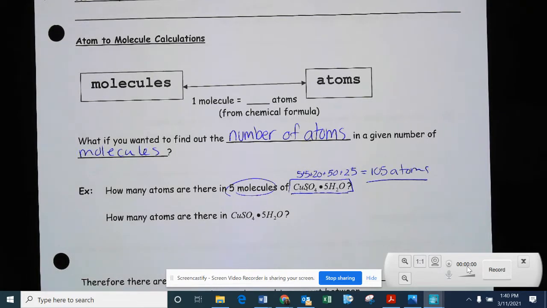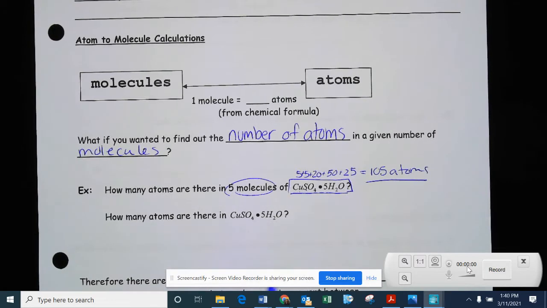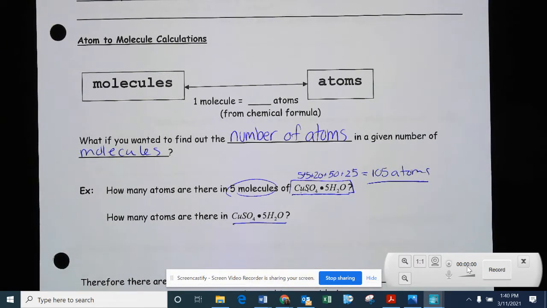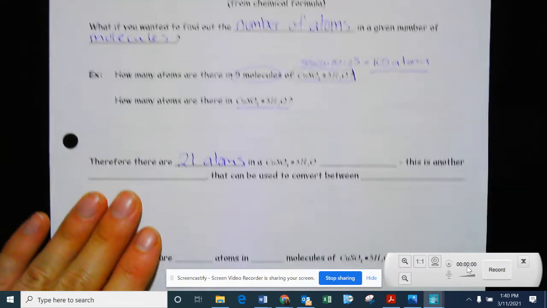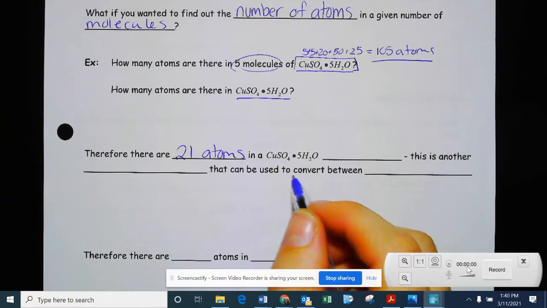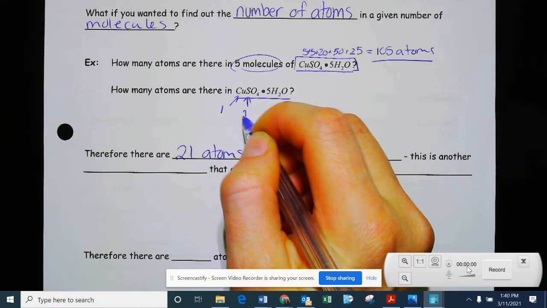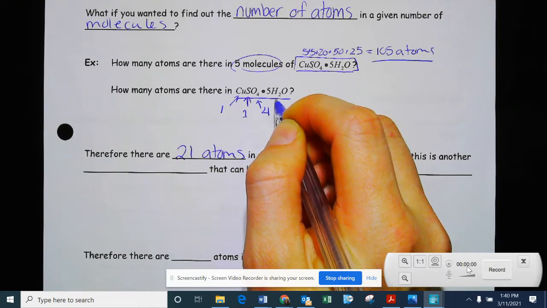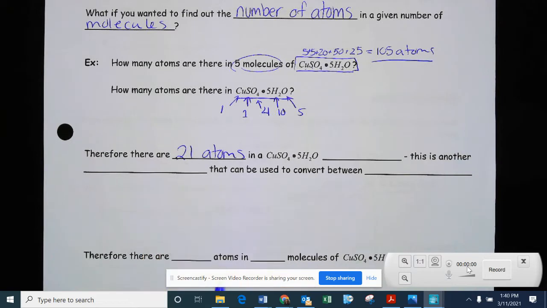Cool. Okay, so the steps that we're taking there: how many atoms are there in one of these? So the first step is just to figure out how many atoms there are in one of these. There's 21 atoms in copper sulfate pentahydrate, because 1 of those, 1 of those, 4 of those, 10 of those, 5 of those.